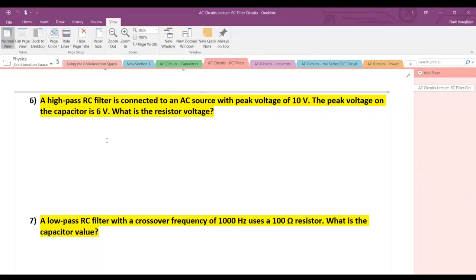But for an RC circuit, voltages are related through this equation, where the square of the peak voltage is equal to the square of the resistor voltage plus the square of the capacitor voltage. Yes, that's a very Pythagorean theorem oriented thing because we imagine it that way in our phasor diagrams.